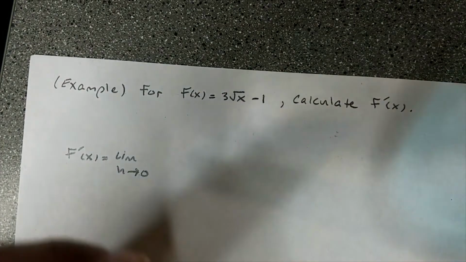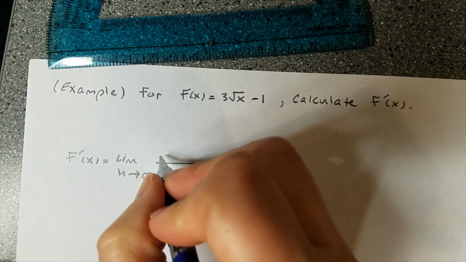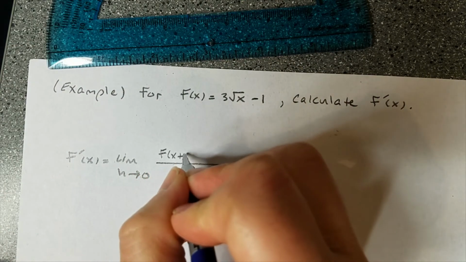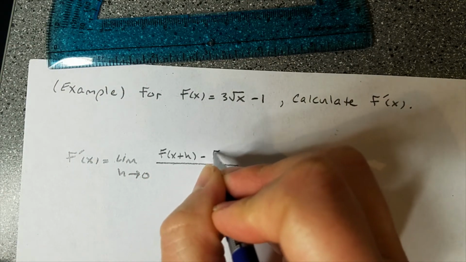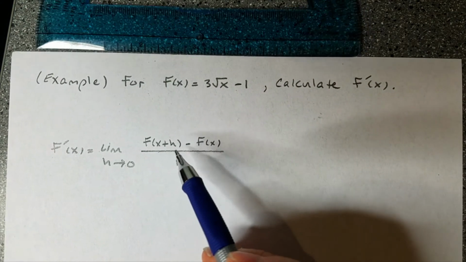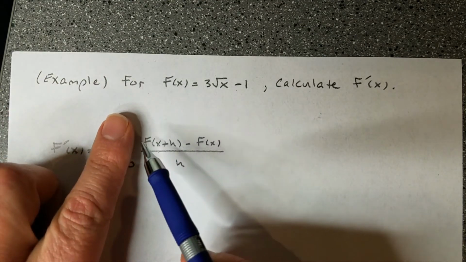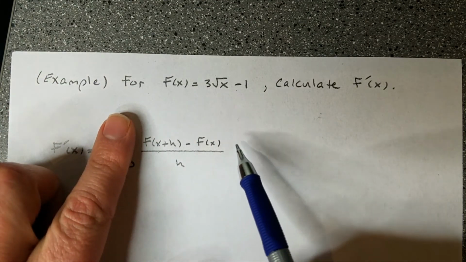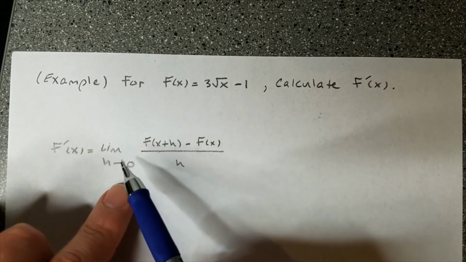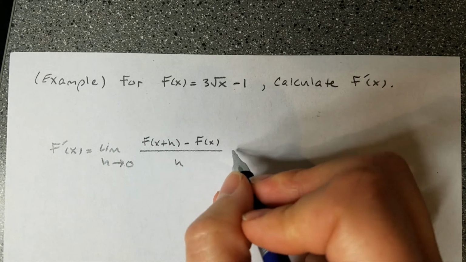I know I wrote it on the last one, but here's that formula that I introduced you to: f(x + h) − f(x) over h. What this formula does, I'll take a chance to remind you, is calculate the slope of the secant line between two distant points, and it pushes them together, therefore finding the slope of the curve.